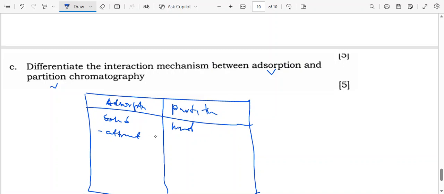Here, the mechanism is about solubility, how they distribute, solubility distribution. That's how I can differentiate. And the interaction here is about bonding, surface bonding.